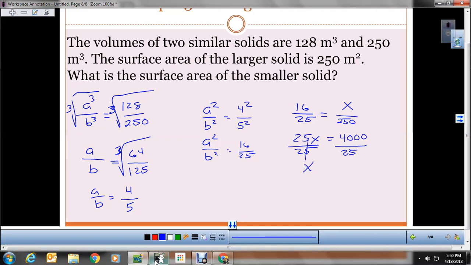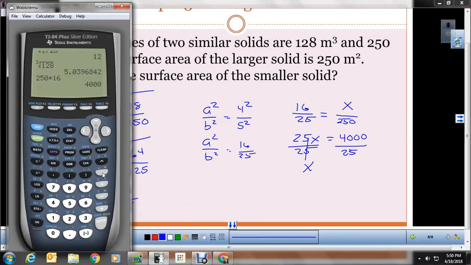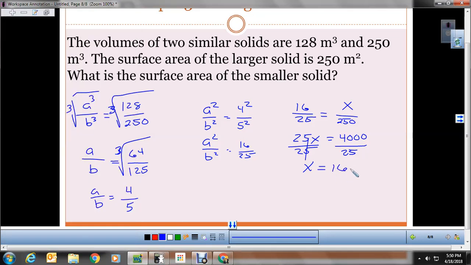So that's going to leave us with x being equal to 160. So 160 is our surface area. We are in meters, so it would be meters squared. Surface area of our smaller figure.